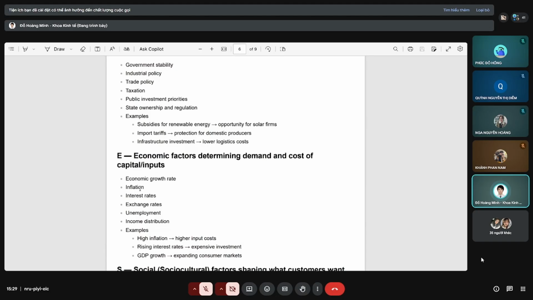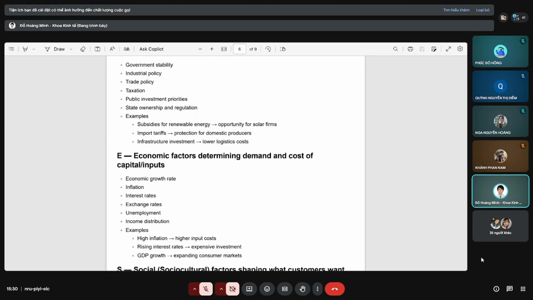Okay, and next is inflation. Inflation can reduce the purchasing power of the people in the country, right? The interest rate can have an impact on the capital cost. If there's an increase in interest rate, the firm has to pay more money for the capital they use.